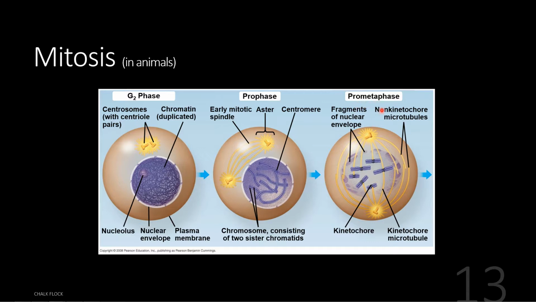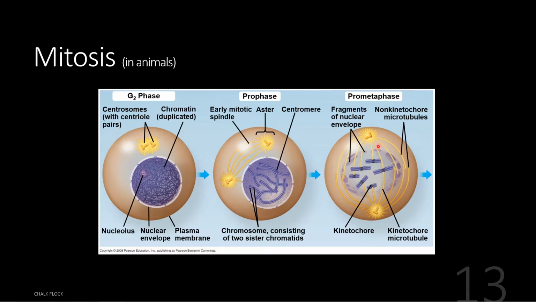And prometaphase is where a lot of cool stuff begins to happen. It's where you can really see mitosis happening. Because in prometaphase, the nuclear envelope, or the nucleus, starts dissolving. It really does break apart into a whole bunch of different fragments.